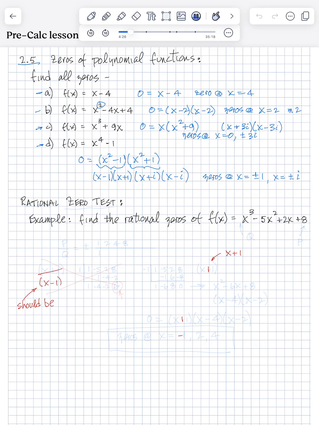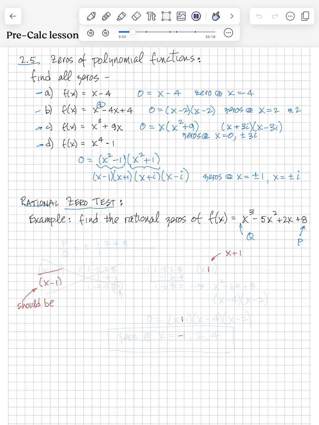Okay, now we're going to look at the rational zero test. The example is find the rational zeros of f of x equals x cubed minus 5x squared plus 2x plus 8. The rational zero test tells us that this last value without an x, we're going to call that p. The coefficient of your highest term, in this case x cubed, is a 1, and we're going to call that value q.